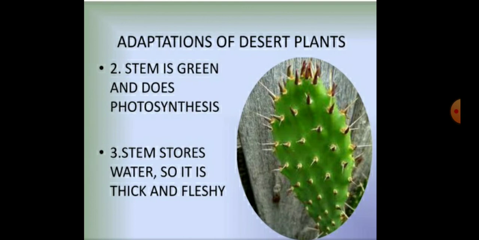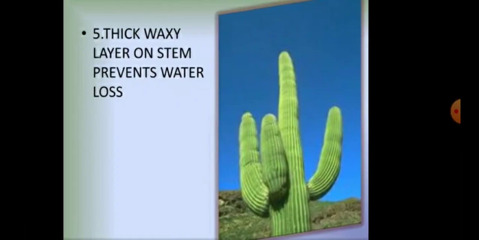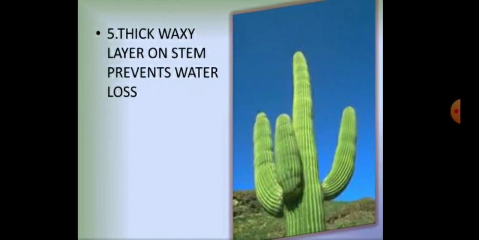Their stem is green in color and performs the photosynthesis process. The stem stores water, so it is very thick and fleshy in nature. The root system is very deep to collect the maximum water from the deep soil, and the thick waxy layers on the stem prevent the water loss.